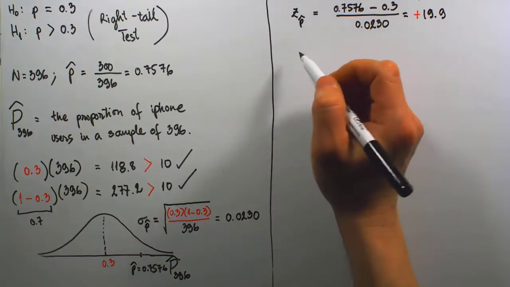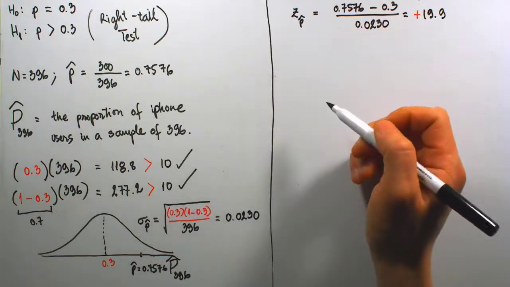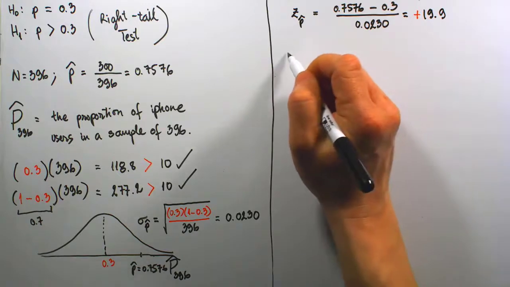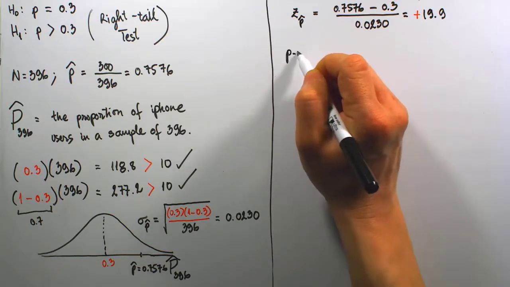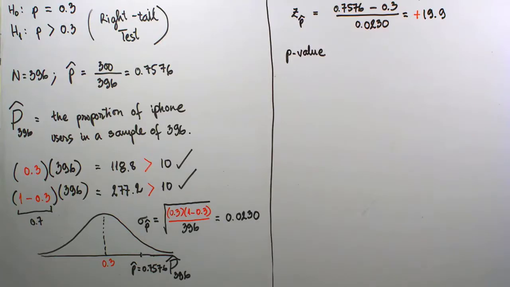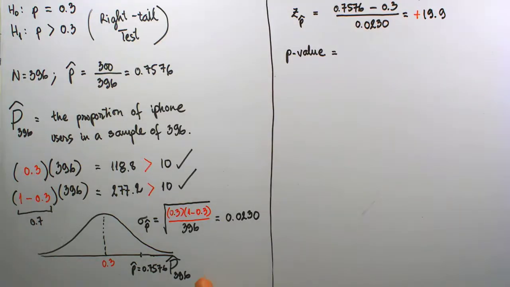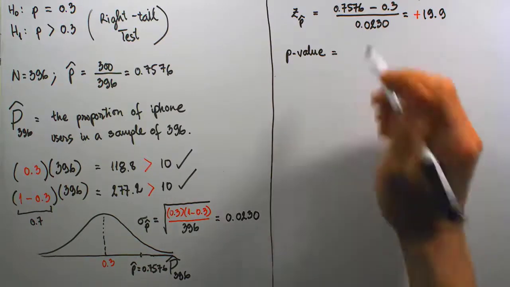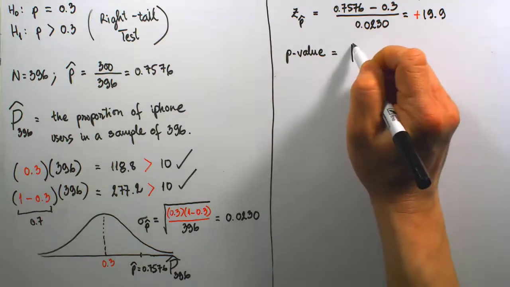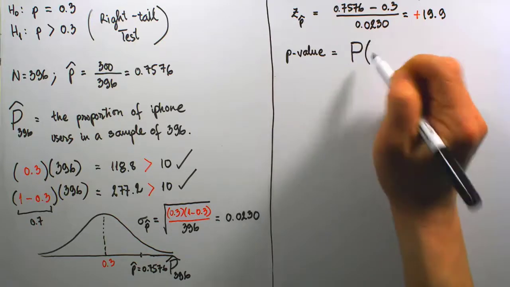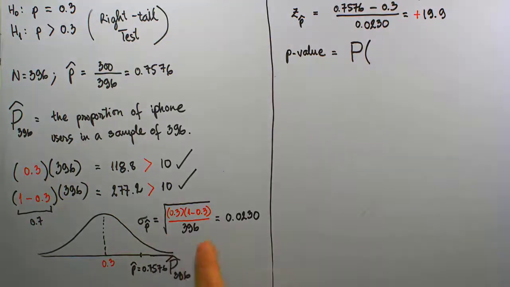The next step, being quite critical for our testing hypothesis problem, is to calculate the p-value of our sample. In order for us to calculate the p-value, we are going to set up the probability that on this bell curve, we're going to find a sample proportion that's anywhere greater than or equal to 0.7576.